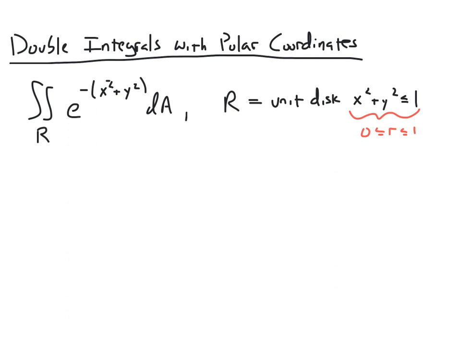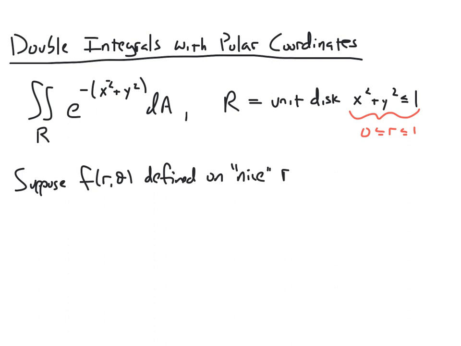But before we go and just plug everything in and compute, we do have to look at how we would define a double integral using polar coordinates. So to look at this in general, let's suppose we have a function of two variables, but in this case the variables are given by polar coordinates r and theta. It's defined on a nice region R that's also described using polar coordinates.